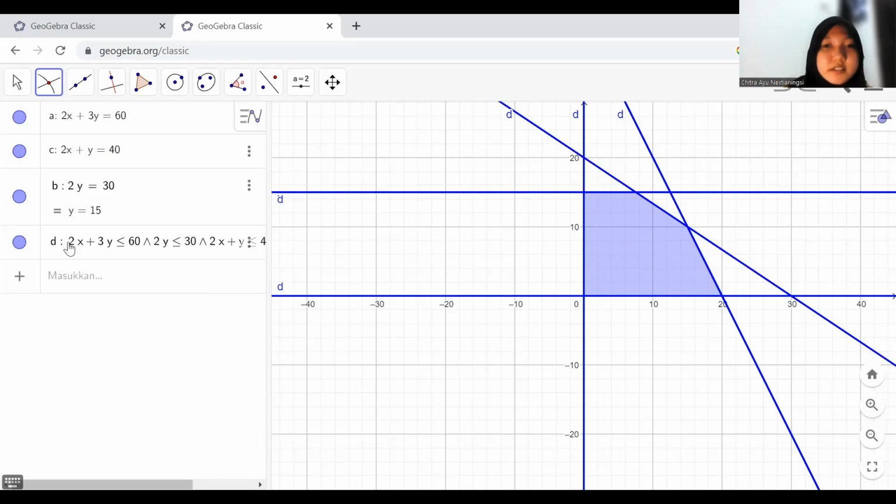Okay, we can determine every point on the feasible region.